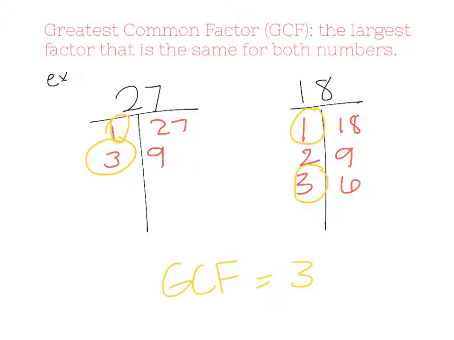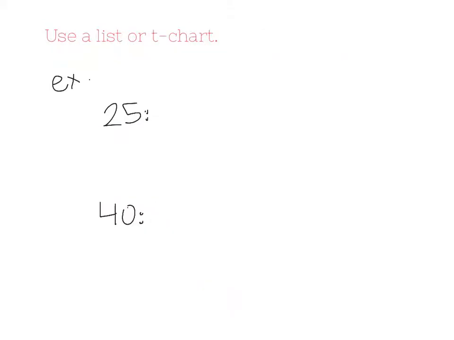Now I can draw. So I'm just going to show you another way that you can find the factors. You can also do it as a list, like this. 1 and 25, and 5.